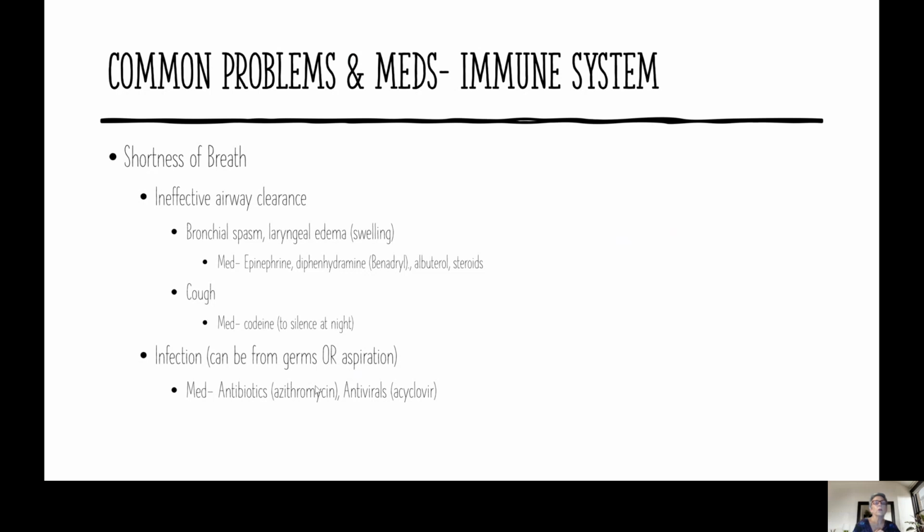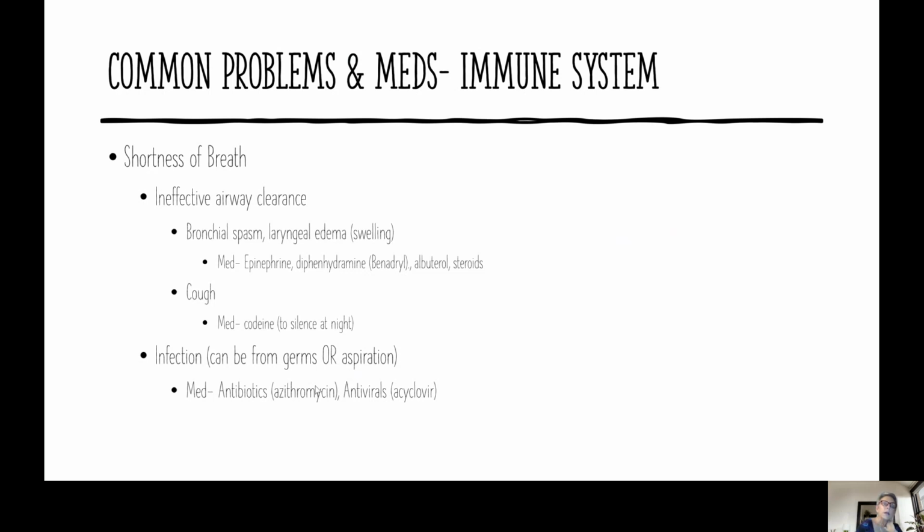It could be a trigger from an immune response, a sensitivity reaction to a toxin or smoke, which stimulates the immune system and can cause the bronchial spasms as well. The medications that are often used are epinephrine, Benadryl, also known as diphenhydramine, albuterol to dilate those bronchioles, and steroids to help suppress the immune system. If you have a cough, you may get codeine to silence the cough at night.